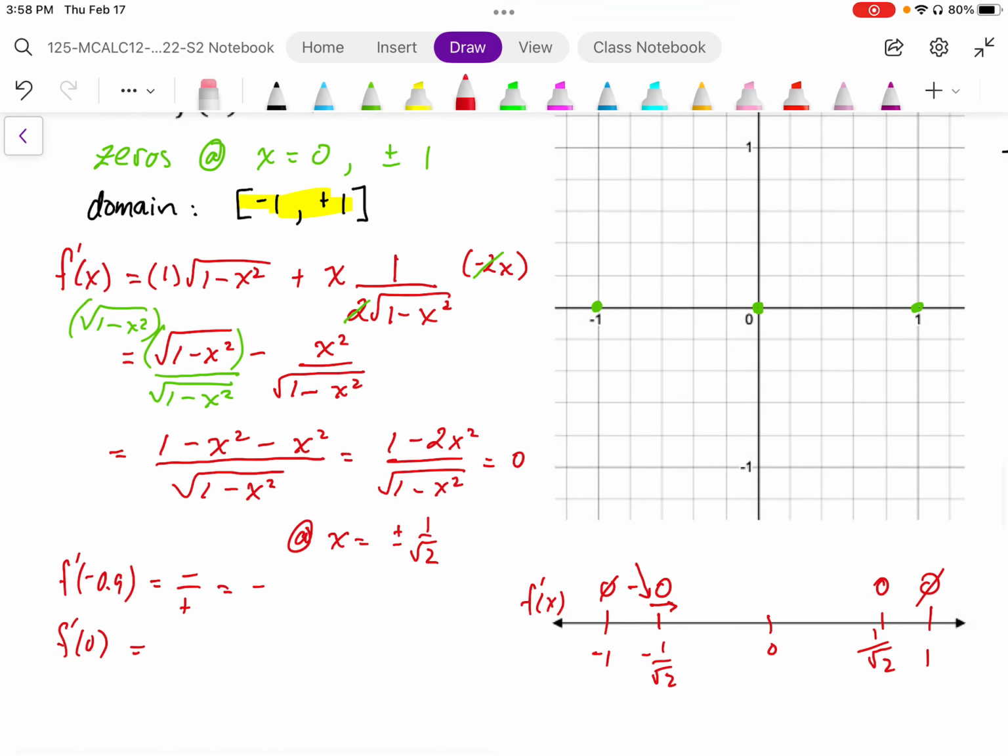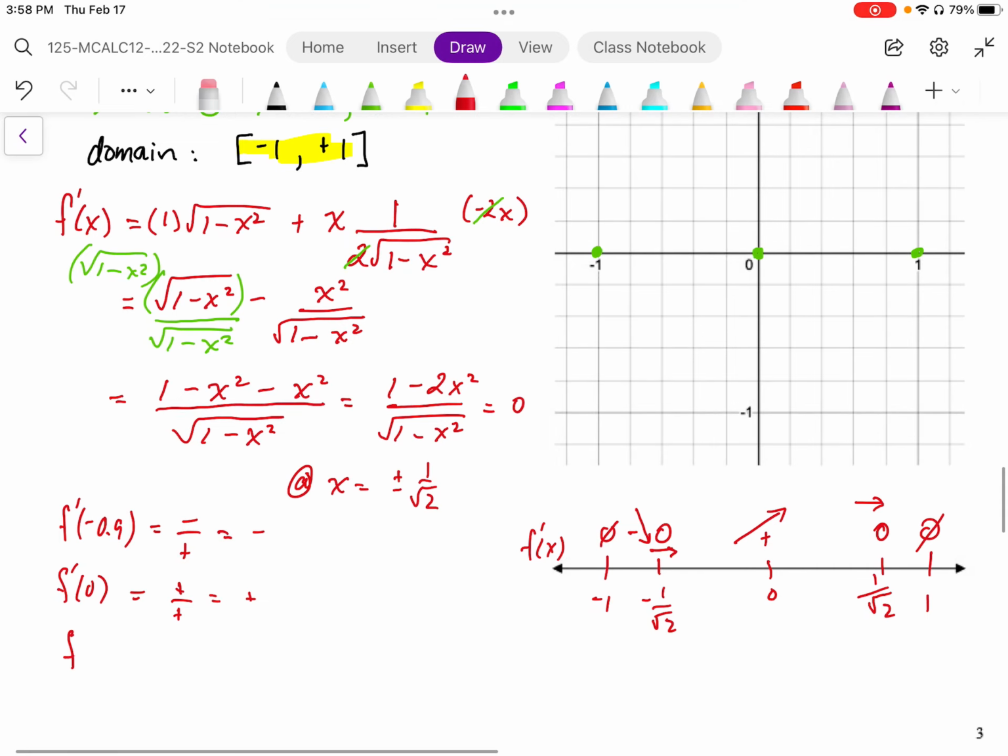I'm going to get +1 in the numerator, and then the denominator is always positive. So that's going to be positive slope through here. That looks like it might be a max. And then we'll test the slope at positive 0.9. And we're going to end up with, again, a negative in the numerator and positive in the denominator. So that's going to give me negative slope through this section here.